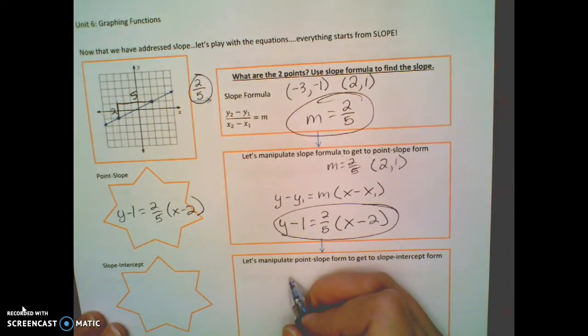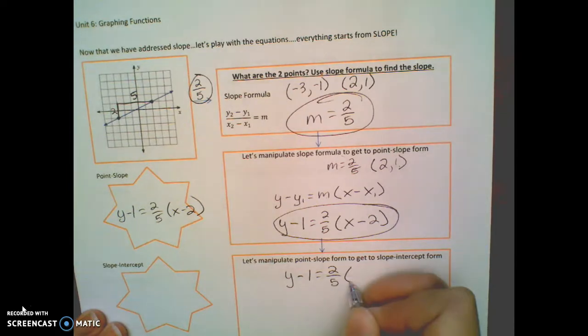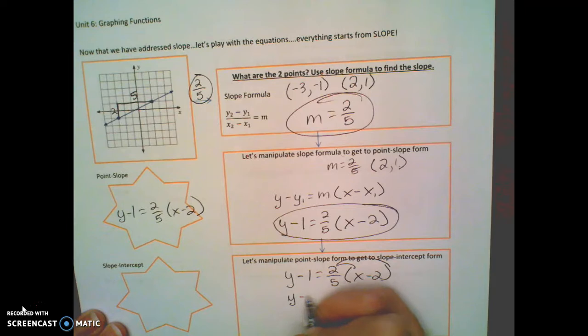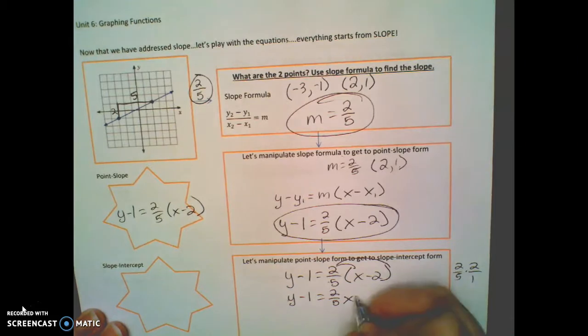Okay, for slope intercept, now I want this in y equals mx plus b form. The first thing I'm going to do is distribute. So y minus 1, 2/5 times x is 2/5 x, and then 2/5 times 2 over 1 is just 4/5, so I have minus 4/5.